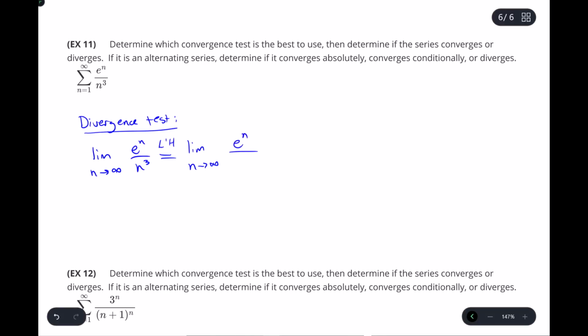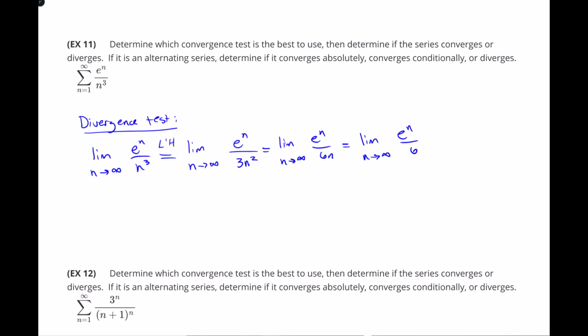The derivative of the denominator would be 3n squared. Now, I'm not really much closer. I would have to do another round of L'Hopital's rule. So limit as n goes to infinity, e to the n over 6n, and still infinity over infinity type, so let's do one more round, e to the n over 6.